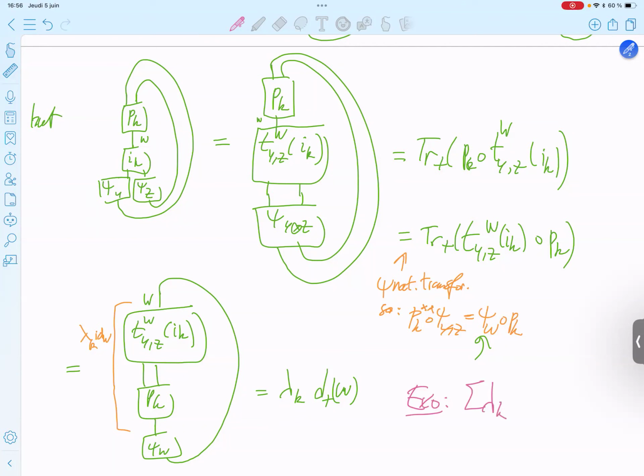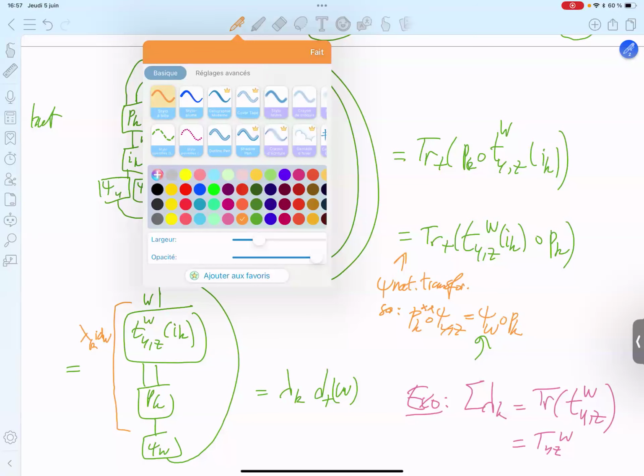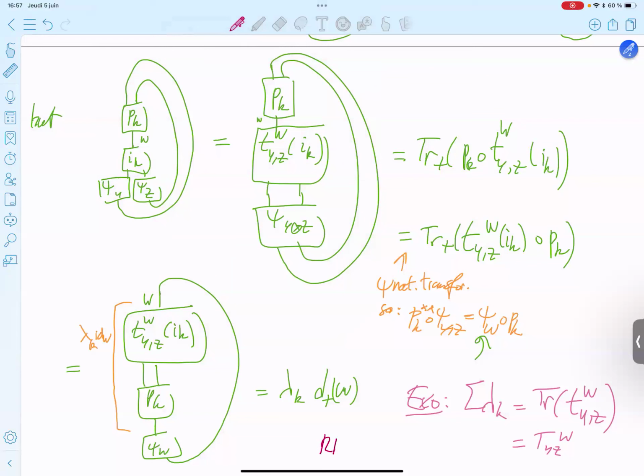So the sum of this constant lambda k is exactly the trace, the matrix trace of this matrix. So you sum over the minimal idempotent. So it should not be complicated, which is trace y, z, w. So the right-hand side is okay.